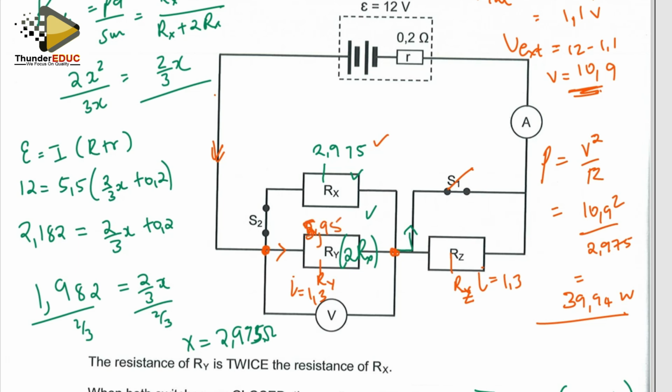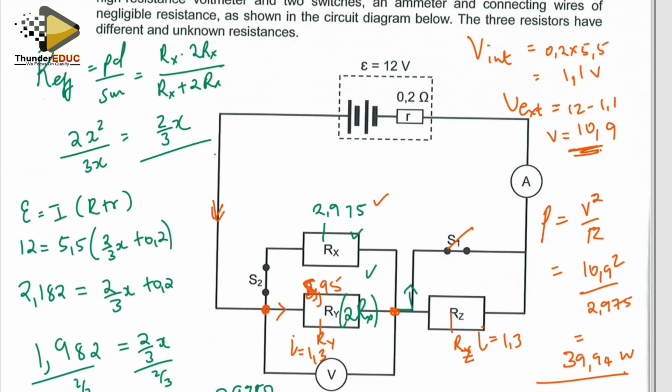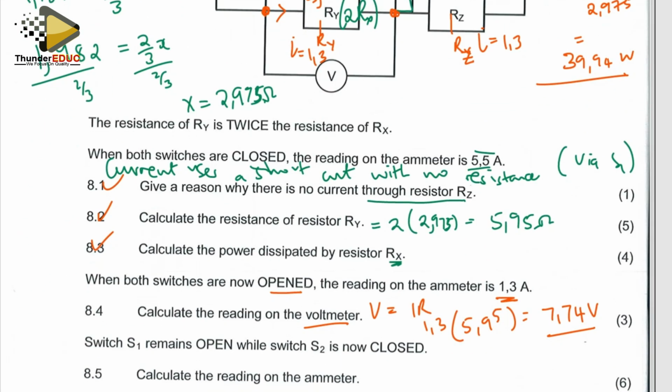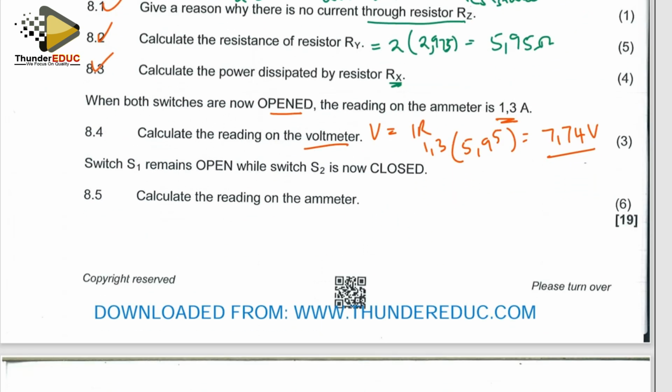But I think we can still use this 1,3 to help us determine the resistance of RZ. That's what I'm saying. Now, since the total, that's not going to make sense. Let me use this 1.3 now as my current.